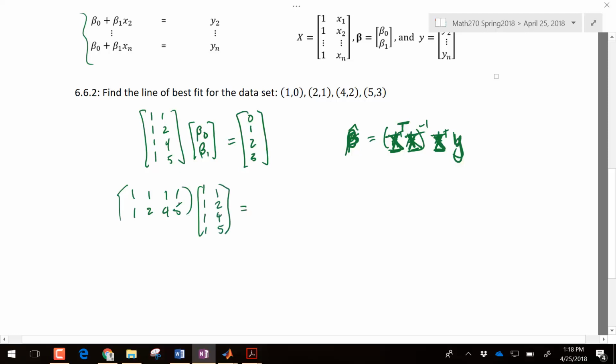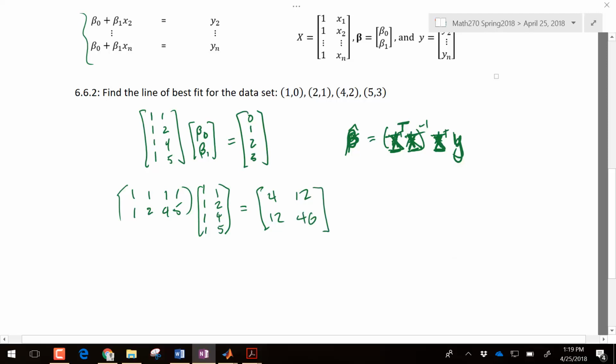And then we get 4, 12, 12, and the last one, 1, 4, 16, 25, 46.